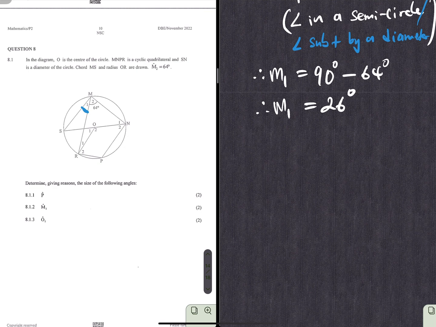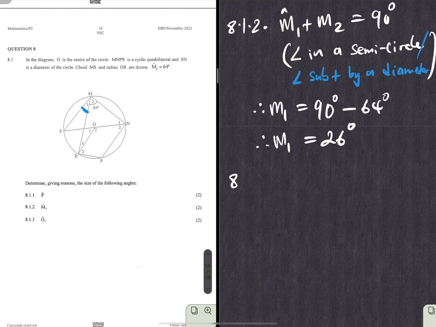Well, we go to 8.1.3. Calculate angle O1. So how will you find angle O1? That's why they said the chord MS and the radius OR are drawn.